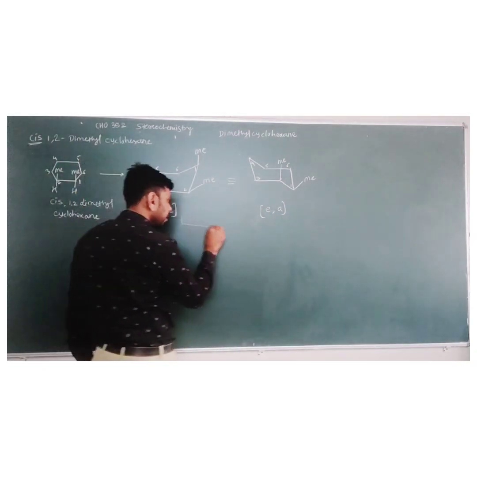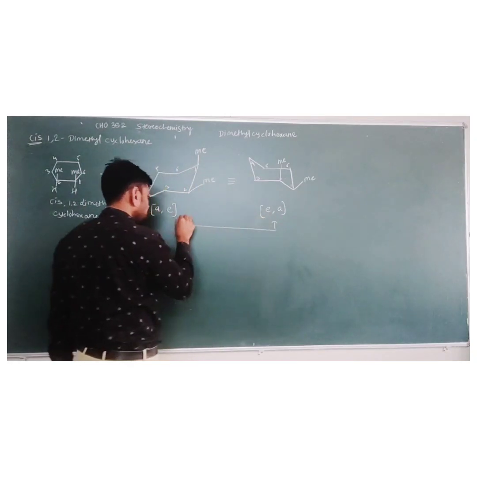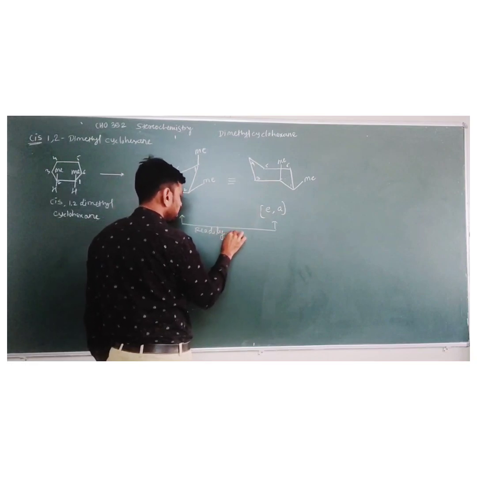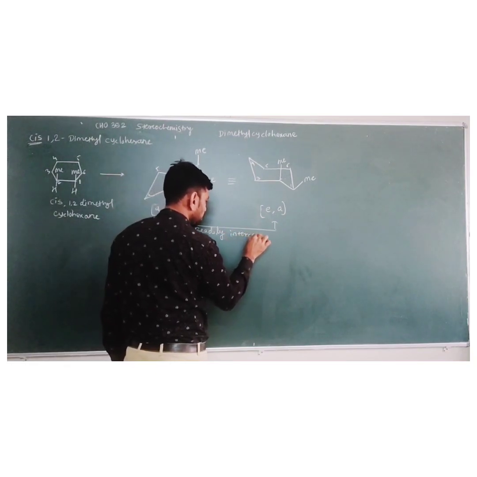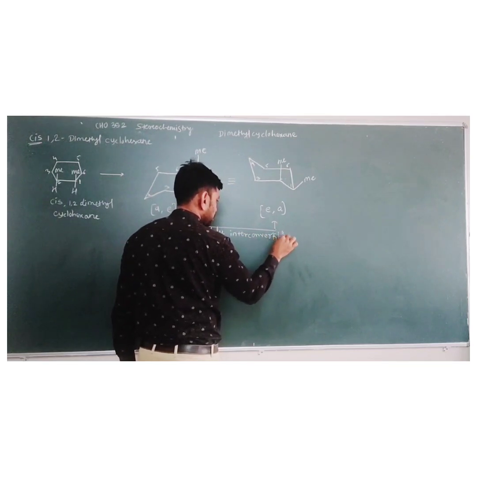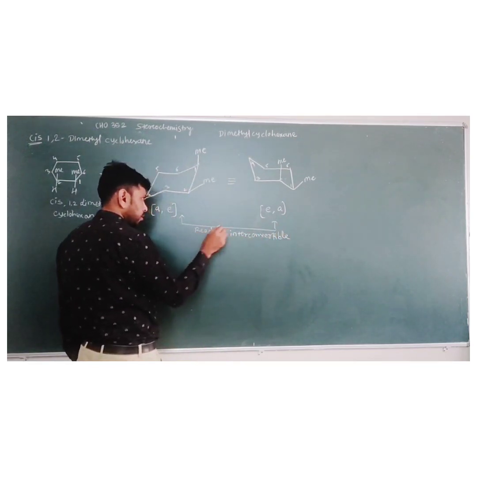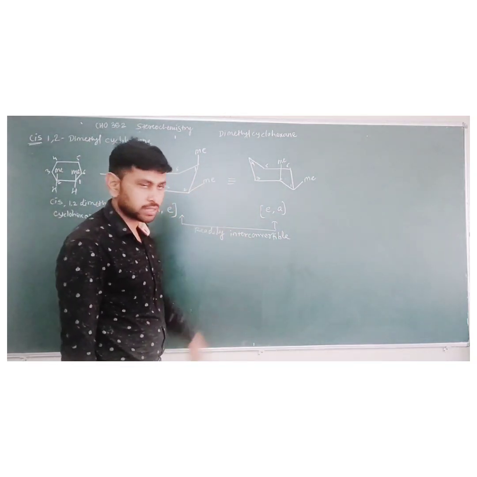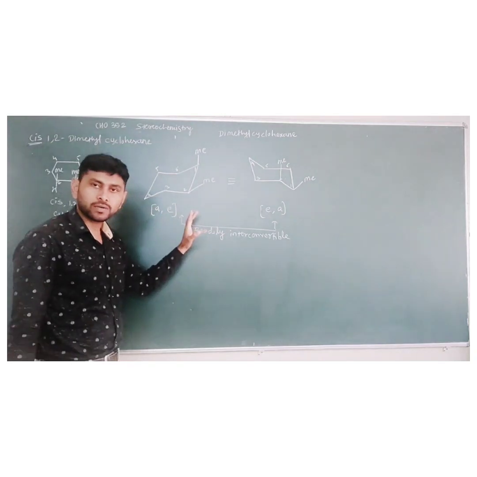Both are readily interconvertible with each other, because the stability of both the structures is the same: one is axial, one is equatorial.